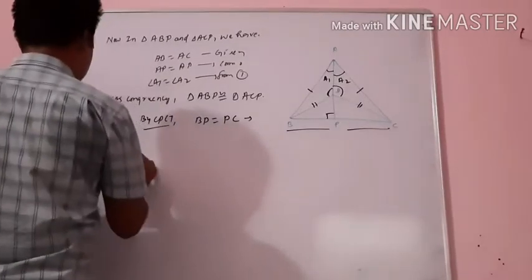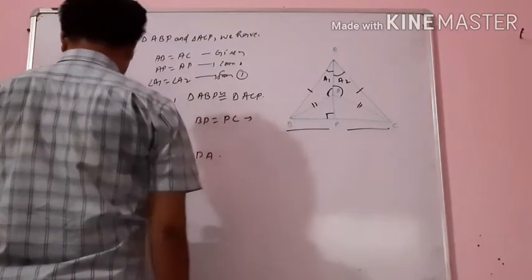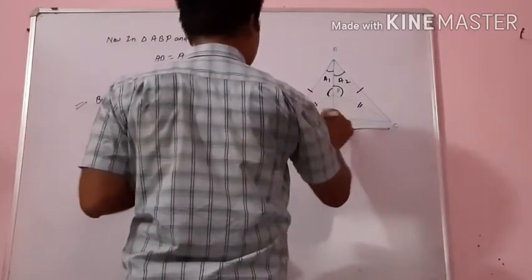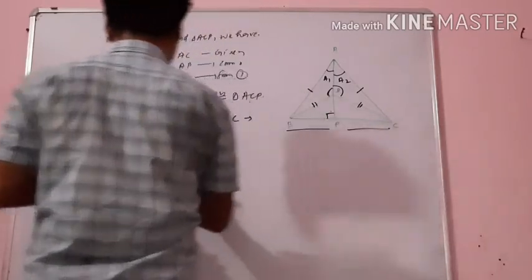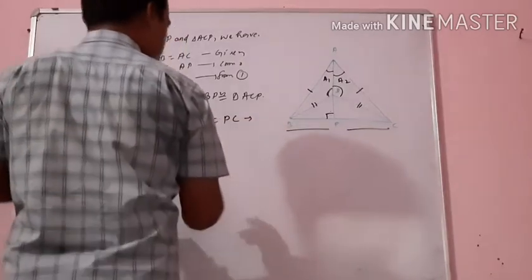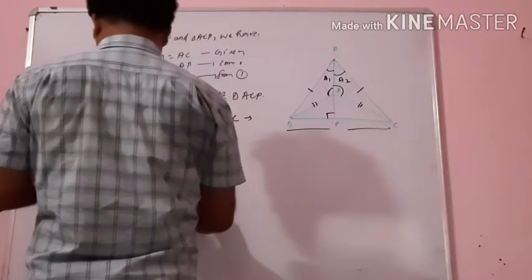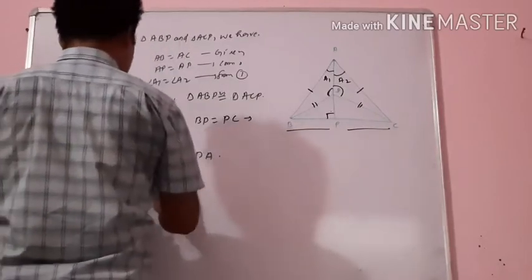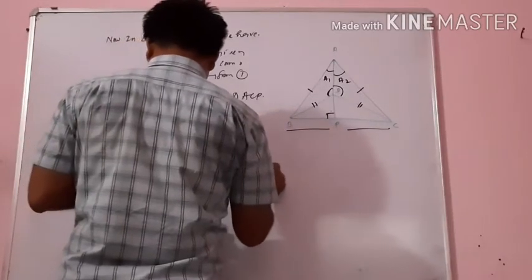So angle BPA equals angle CPA, and angle BPA plus angle CPA will be 180 degrees, linear pair.